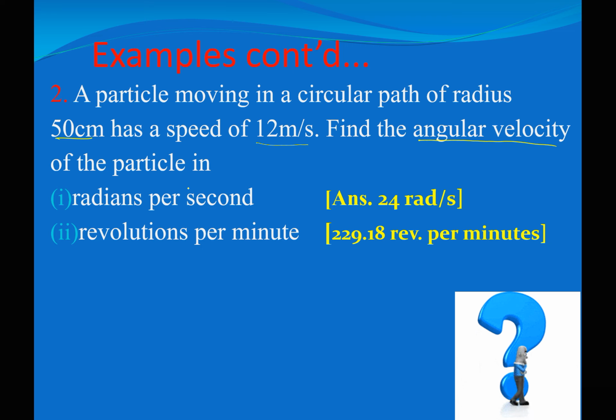Okay, so this is r, this is v. So for Roman 1, I'll simply use v equals omega times r, which means omega is going to be v divided by r, which is going to be 12 divided by 50 times 10 to the power of minus 2. So I'll press my calculator.